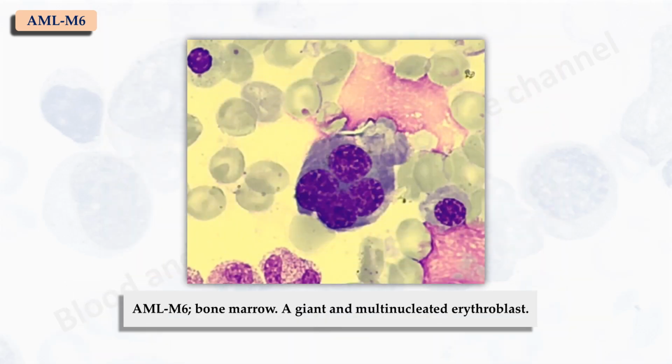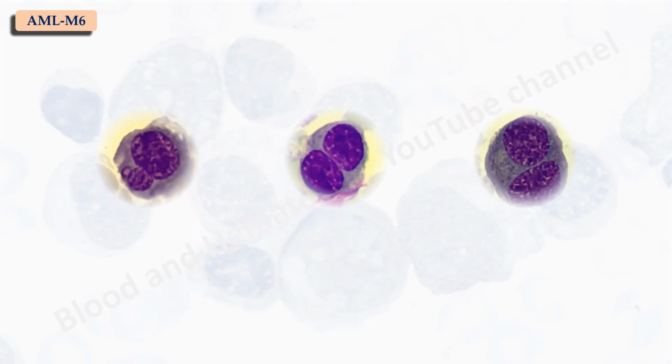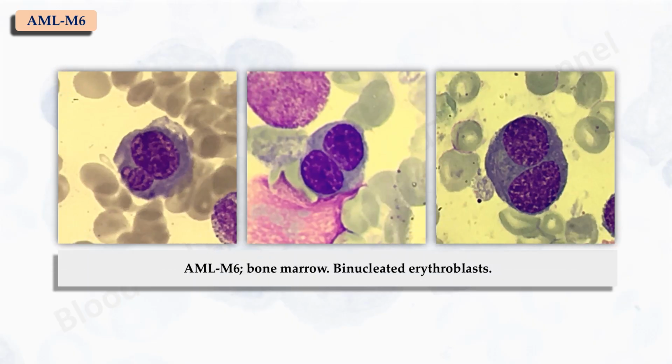Bone marrow film of a patient with AML-M6, showing a giant and multinucleated erythroblast. Binucleated erythroblasts in a patient with AML-M6.